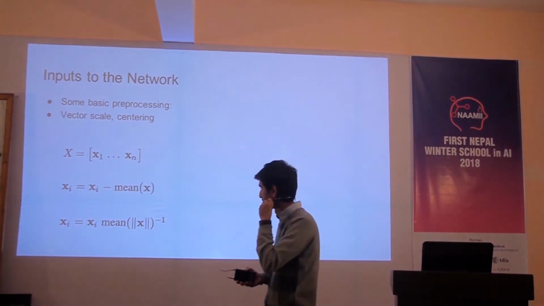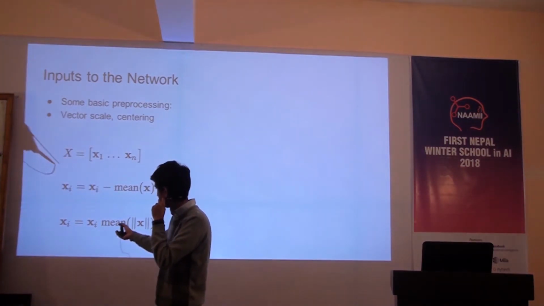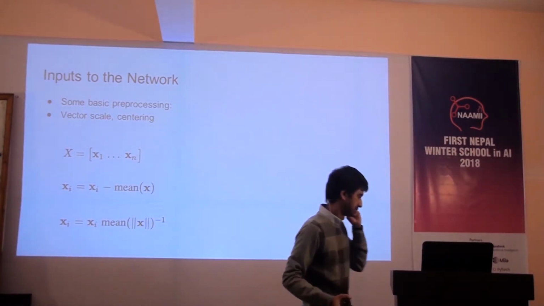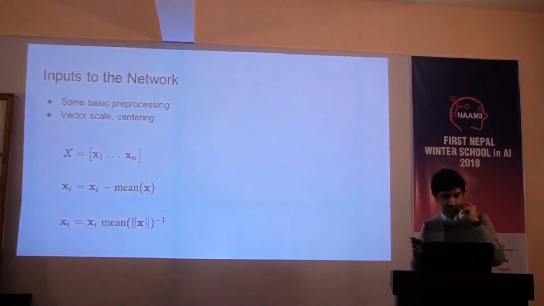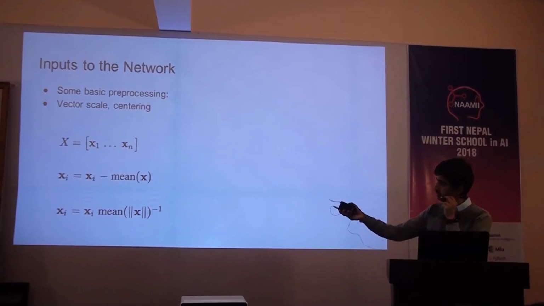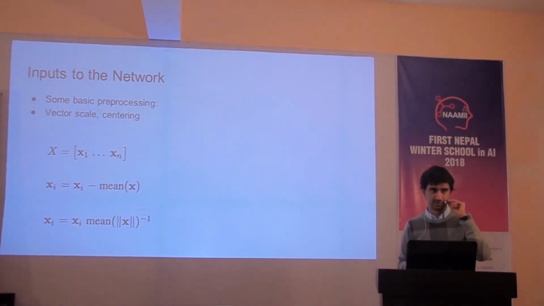Or, here I'm saying that the mean norm of the vectors should be 1. So here xi could be any of the x's from 1 to n. So for each of the xi's, we do this operation to fix a scale and to center.